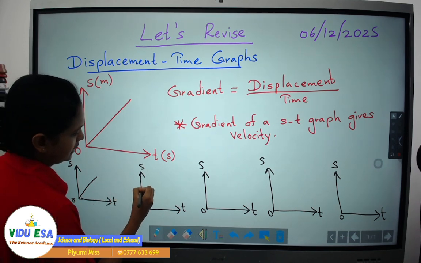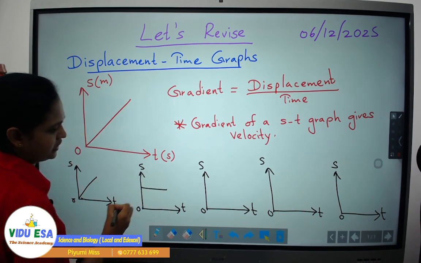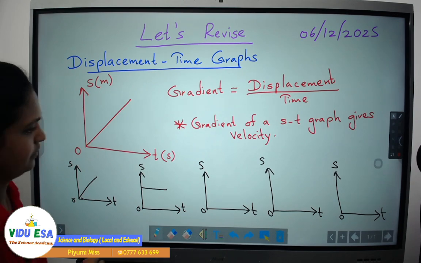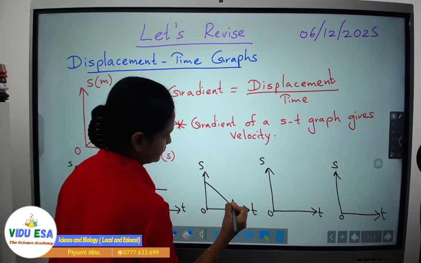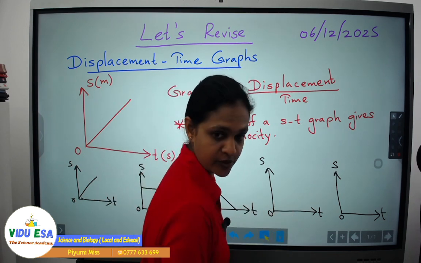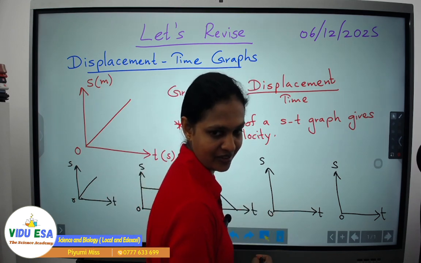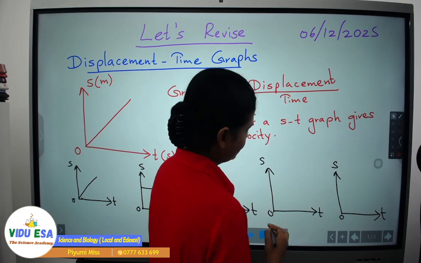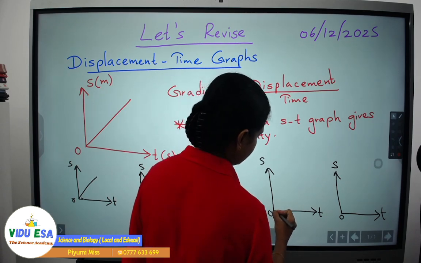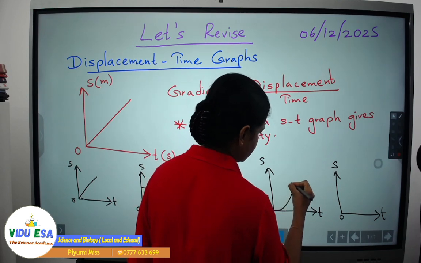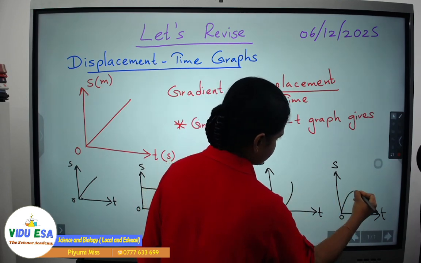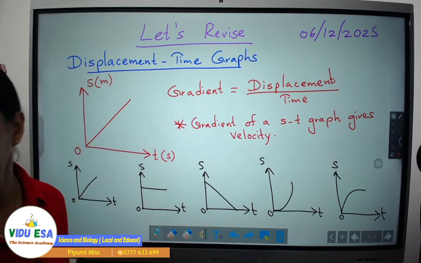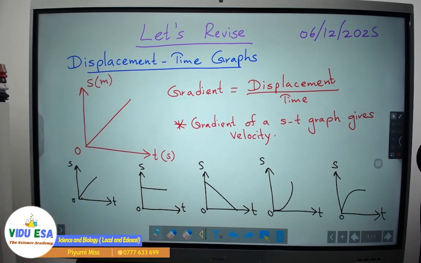And then what is indicated by each of these shapes. And curved graphs do not come for the O levels, and they are not included in the syllabus as well. But in some of the term test papers, since they have asked, we will mention that also. Curved graphs. What is indicated by each?